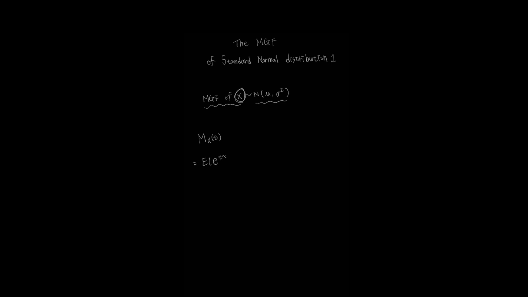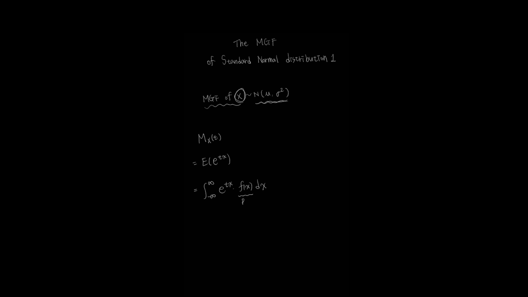Expectation of e to the tx, and because we know that x follows a normal distribution, which means x is a continuous variable, by the definition of expectation it would be something like this. This would be the variable in the expectation, and it was the definition of MGF, which we already saw many times through the previous videos.